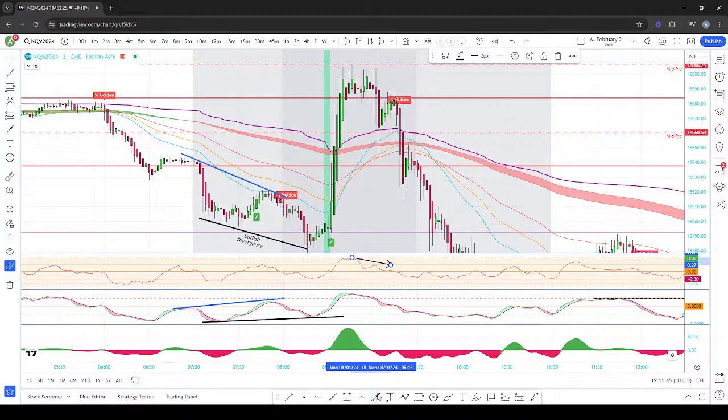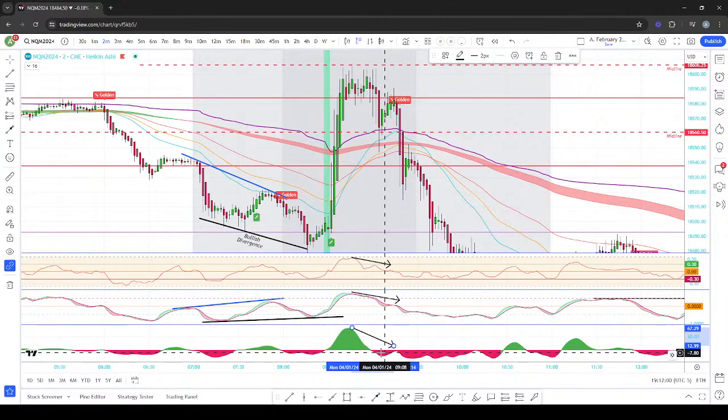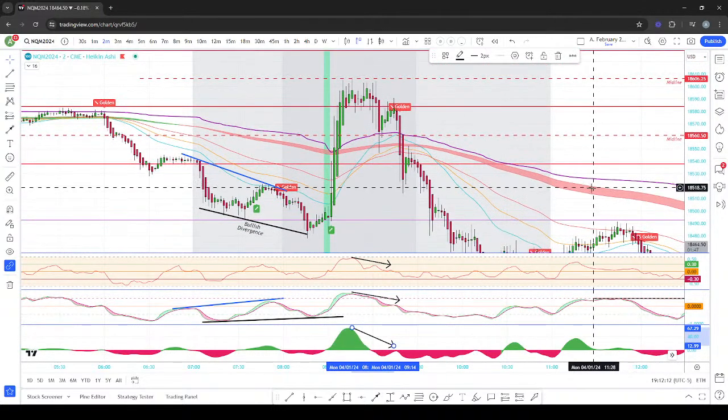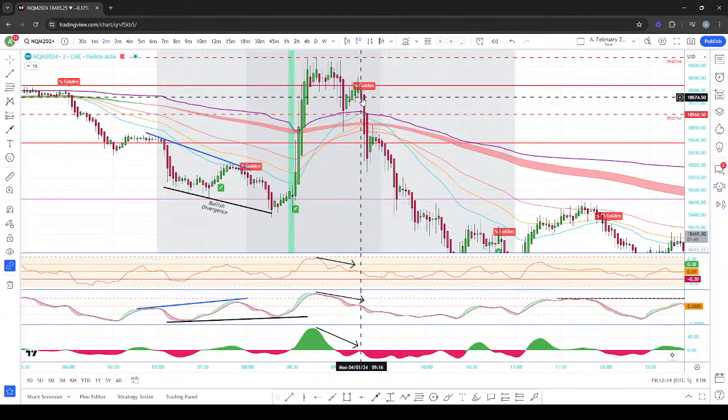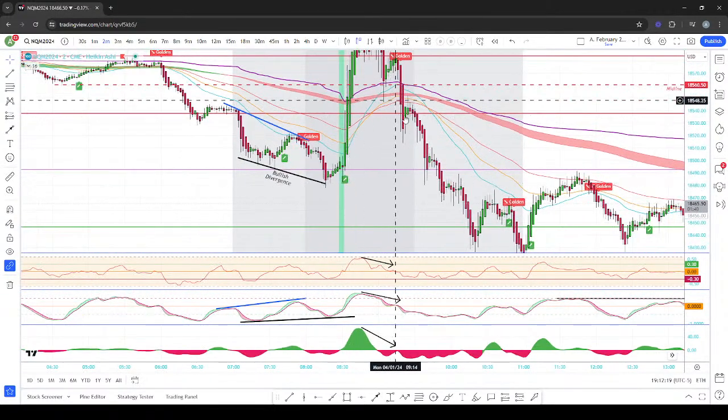Even right here on the TSI, it's all going down, and right down here on my third oscillator, this was already down in the red zone area, so it's already underneath, just letting me know that price is shifting to the downside. So here it is, and this really dumped today pretty good.